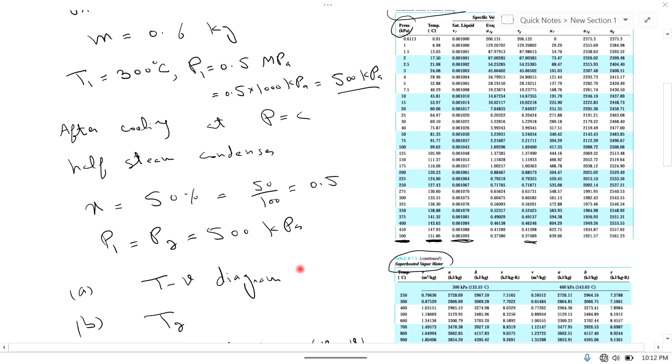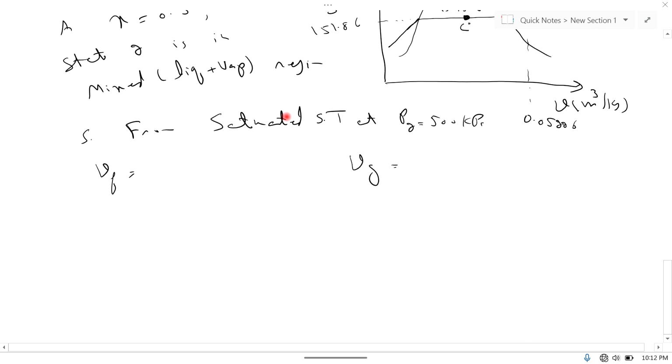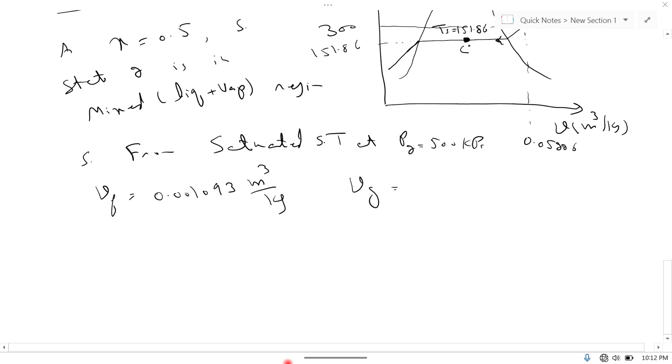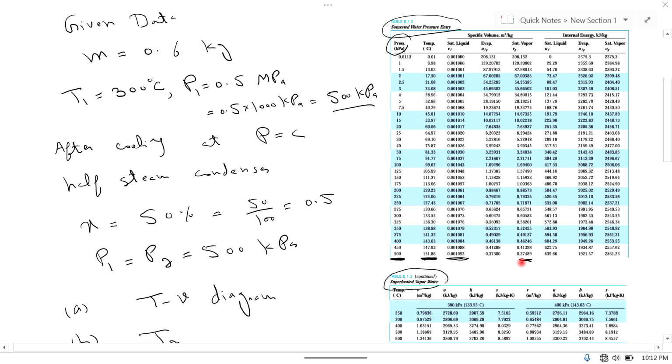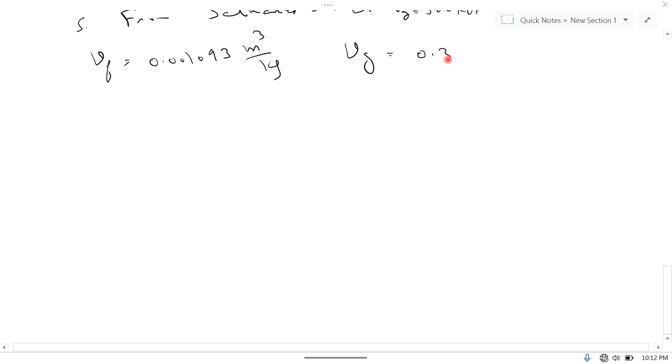Vf is 0.001093 meter cube per kg, and Vg is 0.37489 meter cube per kg. So V2 is equal to Vf plus x2 into Vg minus Vf.